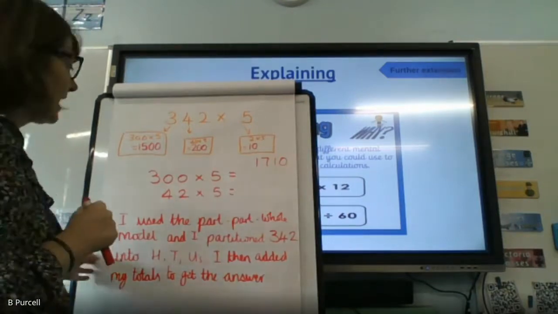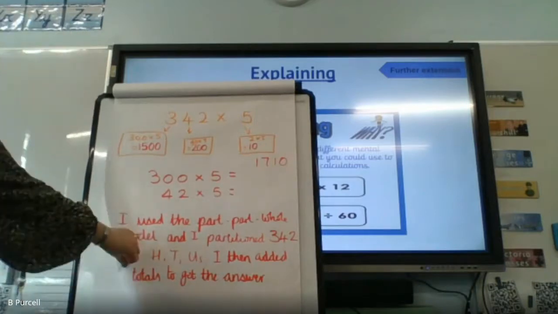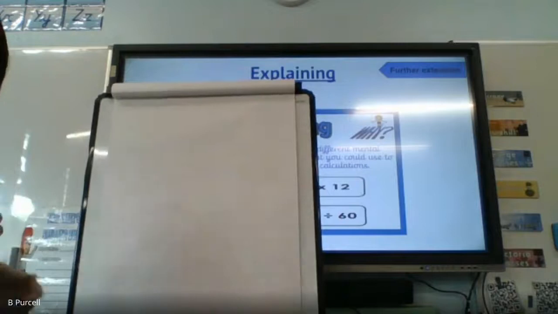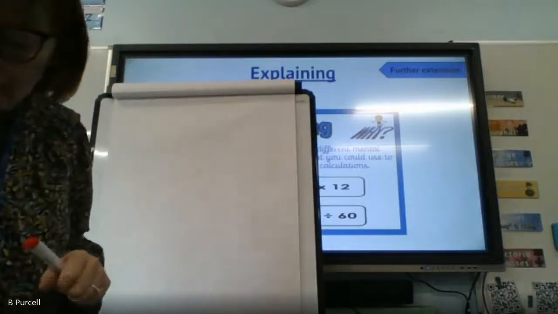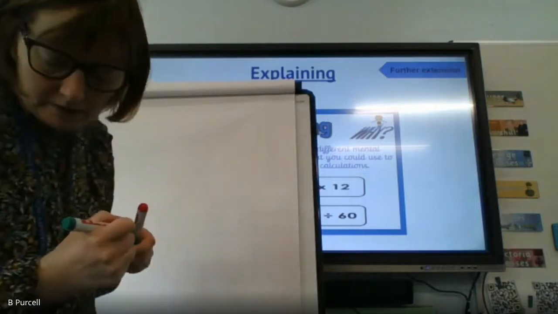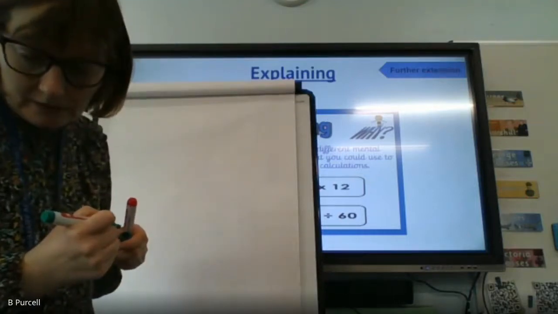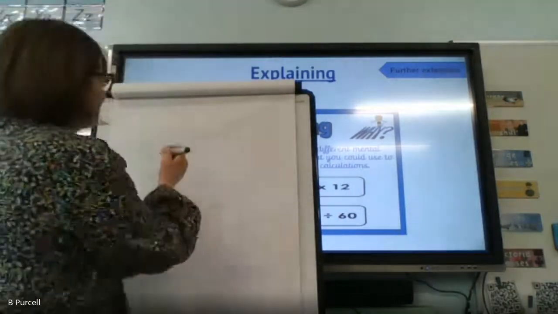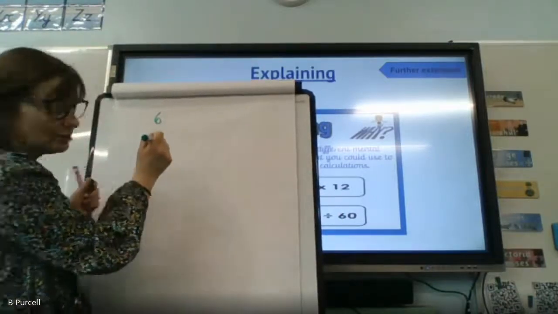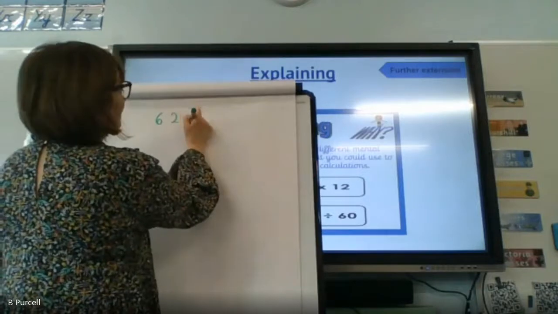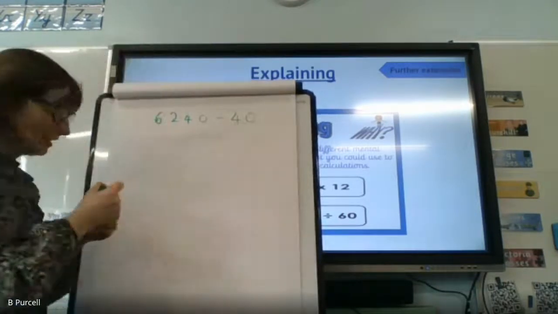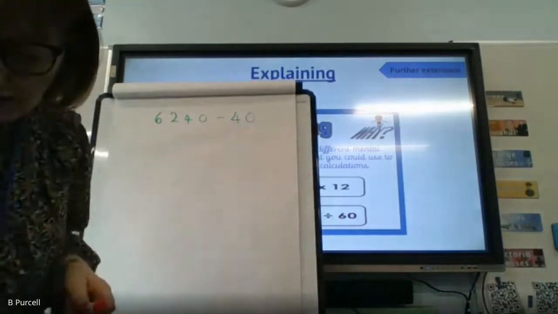We can look at a different method for division. So we could have 6,240 divided by 40. So how might I partition that?